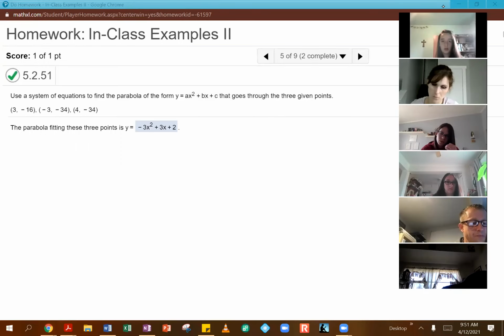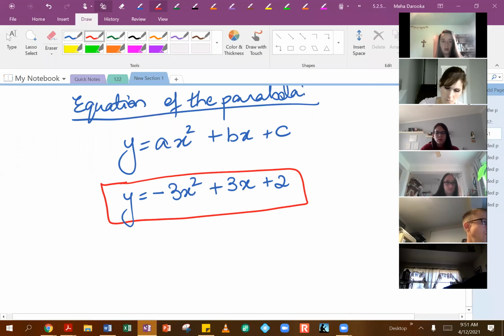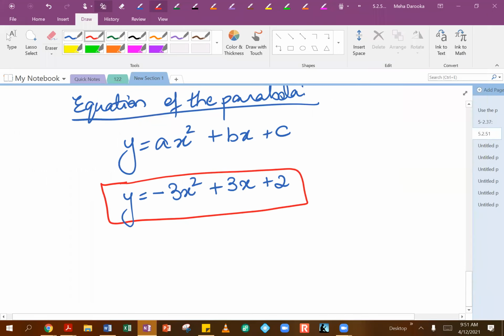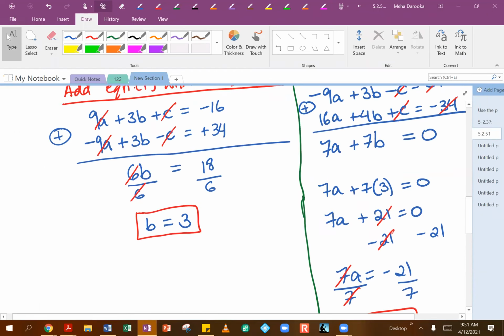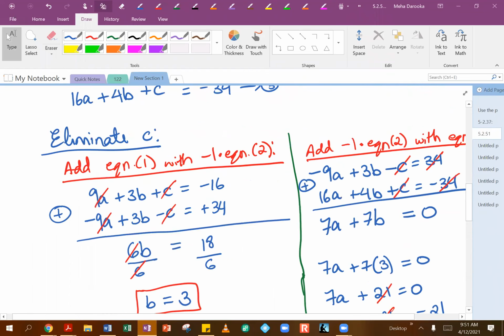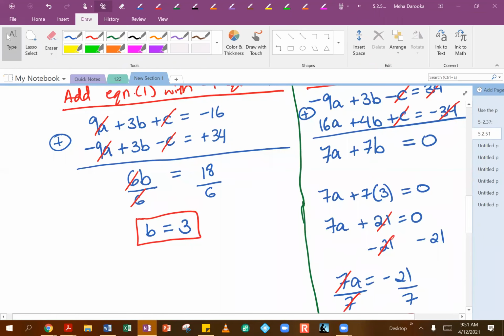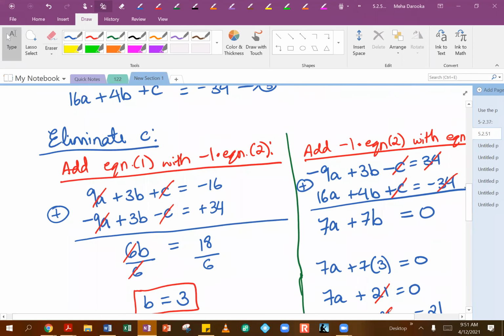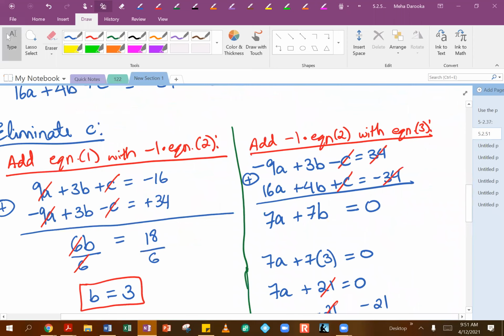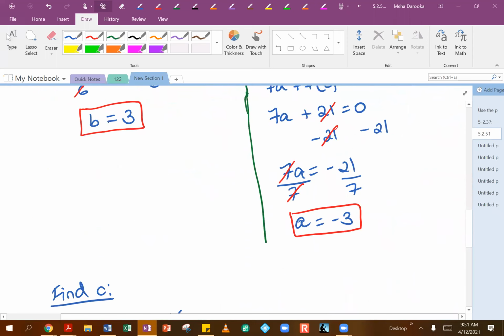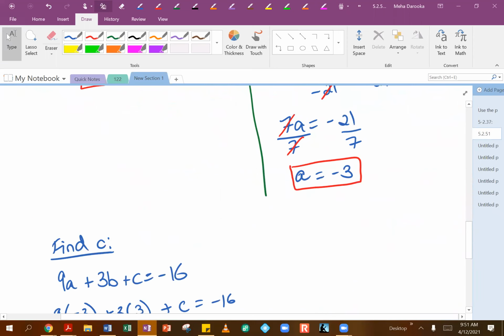Questions on this one, guys? So as I was telling you, this is an unusual situation where we were able to directly come up with the B value. And when we tried to solve for the second equation in our reduced system, that just ended up leading us to finding the A value over here.